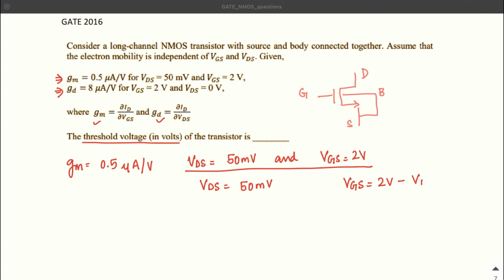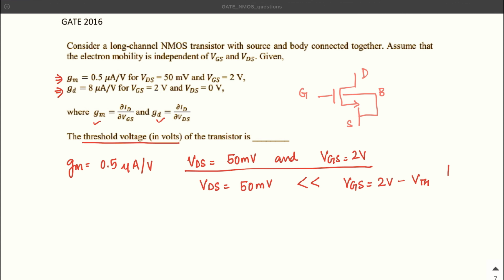So even if I don't know the threshold voltage, I know it would be less than 2 volt, because this transistor is at least on, as I'm given this data. So this side is definitely very small compared to VGS minus VTH, which is the effective voltage.